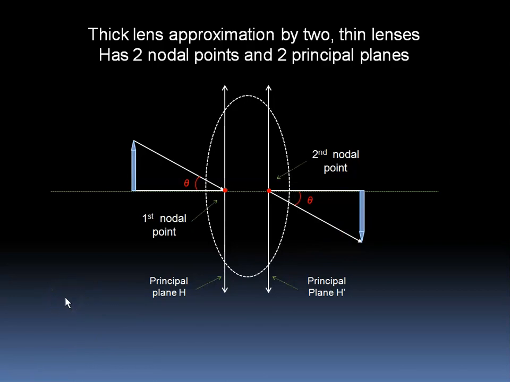As mentioned before, we generally do not use the two thin lens approximation in clinical optics, because the one lens approximation is usually sufficient.